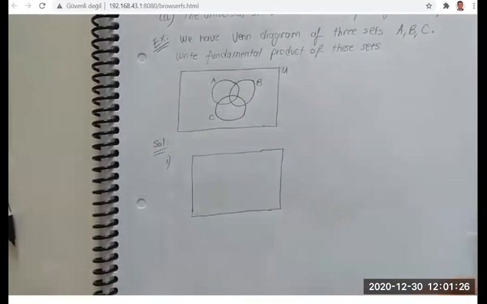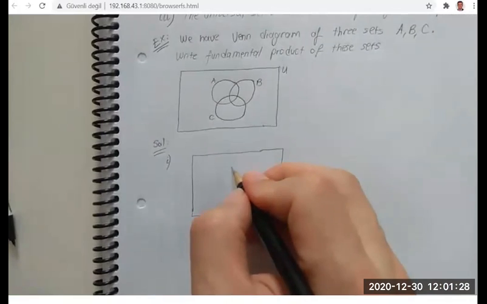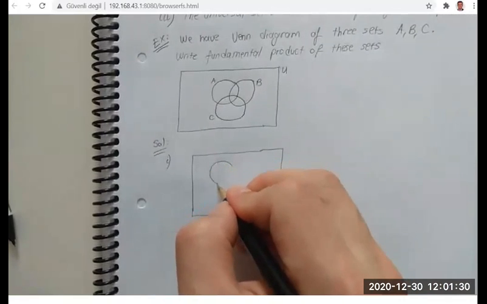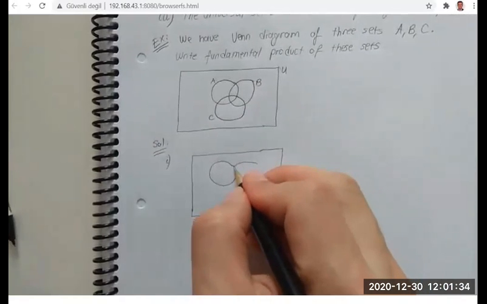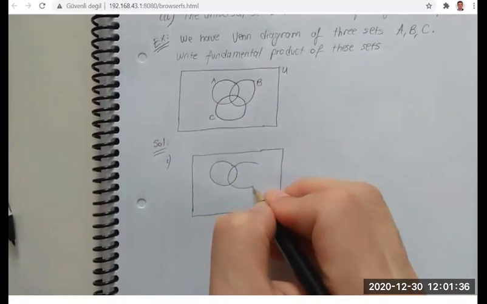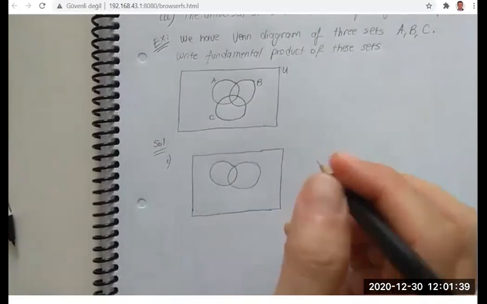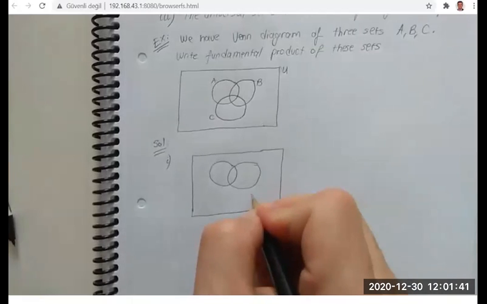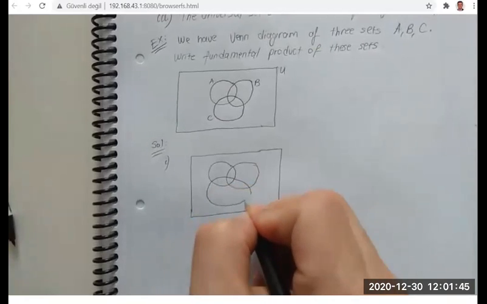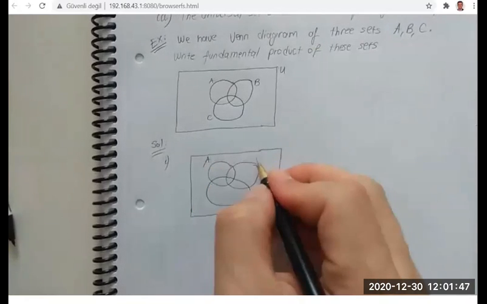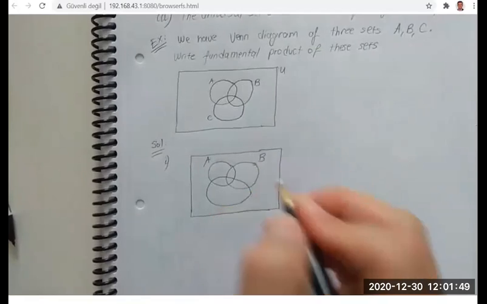There is the A again, B, this is going to be really hard, and C. I'm sorry for my drawing ability.